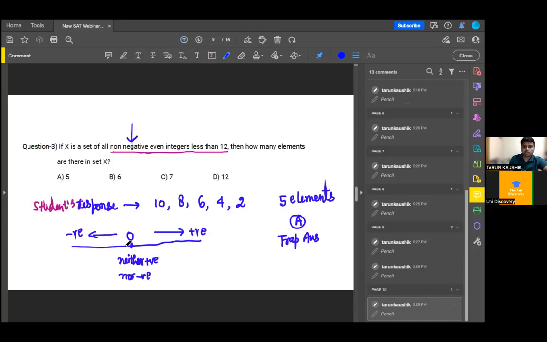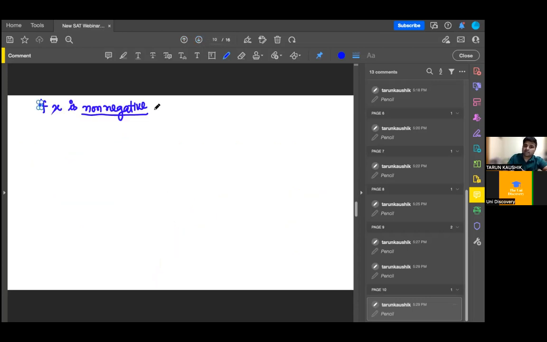If it is not negative, I'll simply erase the negative part of the number line. After erasing it, I can see that I'm still left with 0 and the positives. So non-negative means 0 or positive, which means x must be greater than or equal to 0.